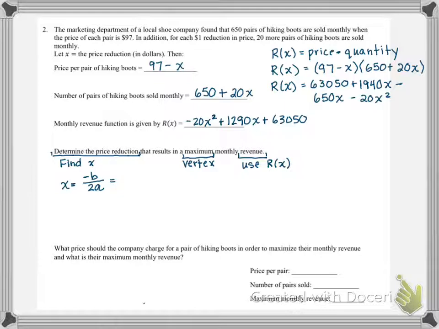And then I'm getting that b and a from my revenue function. So negative 1290 divided by 2 times negative 20. And that ends up being 32.25, I think. 3125? No, I think it's 32. Okay. What did I just find?